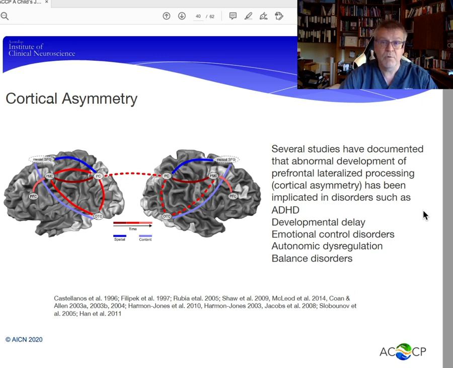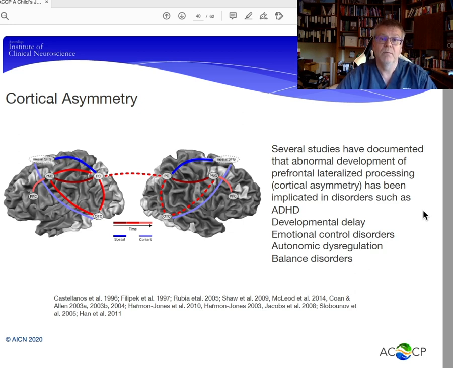So the asymmetric formation of the network, if it's bad enough or if it's severe enough, can result in formation of dysfunction of what that system was made to do. So if that system was made to form a memory, that memory will be distorted. If that system was made to experience love or an emotion, then that will be distorted. So this is the new progression of cortical asymmetry.